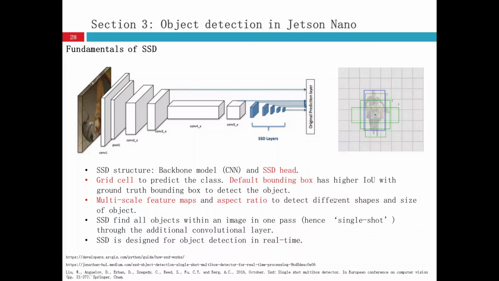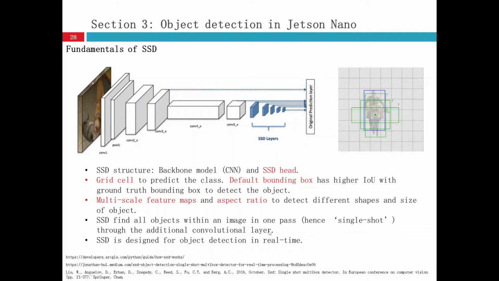And also, to detect objects of different shapes and sizes, we use multi-scale feature maps and aspect ratios. In this figure, you will see that different layers give us predictions. These layers detect different shapes and sizes of objects. So it's easy to see that SSD finds all objects within an image in one pass through the additional convolutional layers.